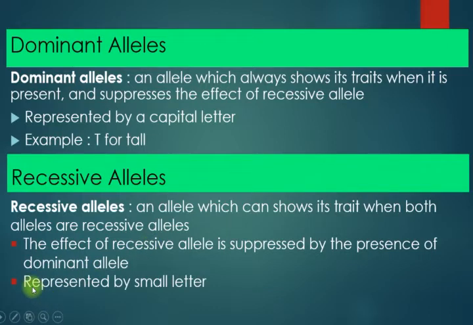The recessive allele is represented by a small letter. For example, small t represents the dwarf or short trait.